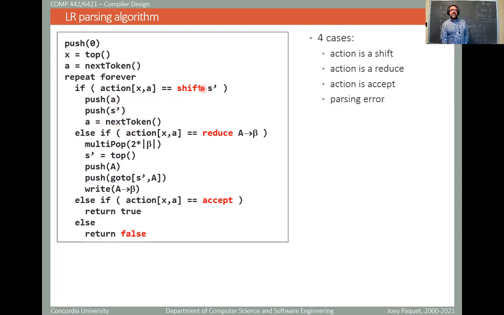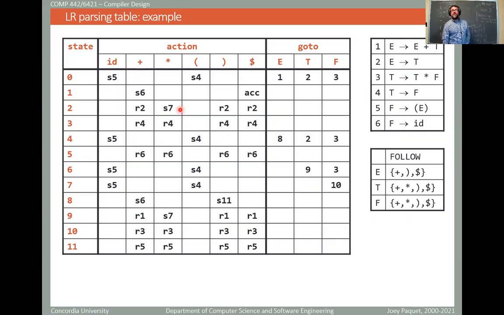If that's not the case, then you must have a reduce action. Here, note that this is not dealing with errors. We will see what happens if you have errors next week or in the next video. So if you go in the table and you see a reduce or R action, for example, in state 2 you see plus and you see R2, then R2 means... so these are my rules here.